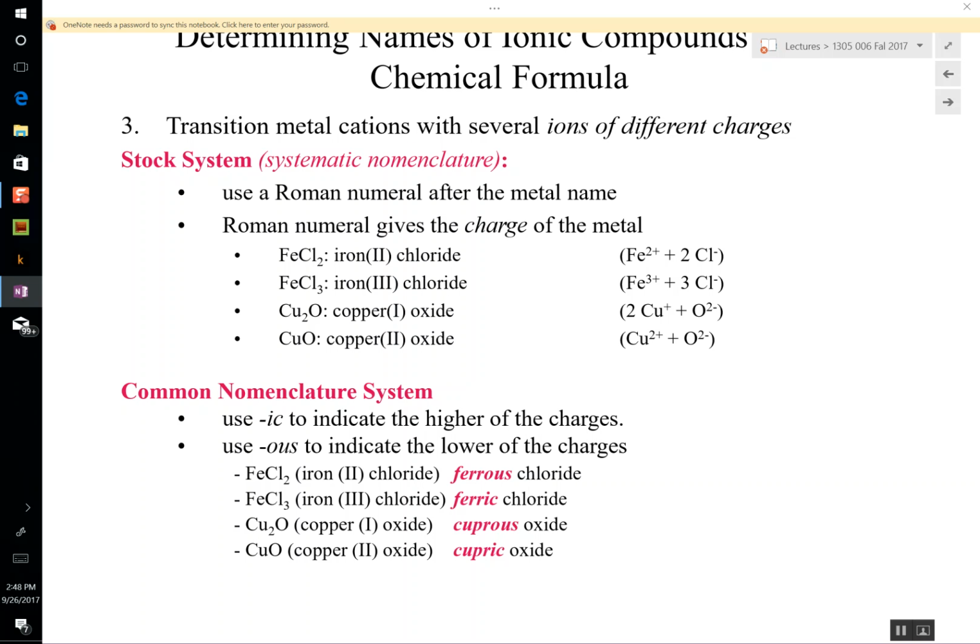So this would be copper 1 chloride, for example, and you could have a compound of copper 2 chloride. This is going to be CuCl2, and this is going to be CuCl.